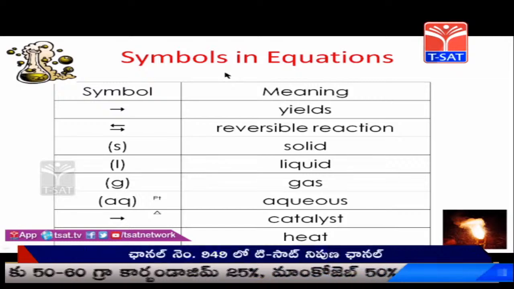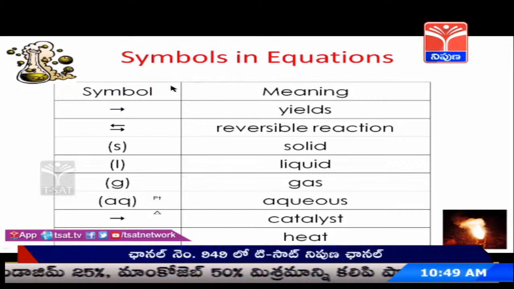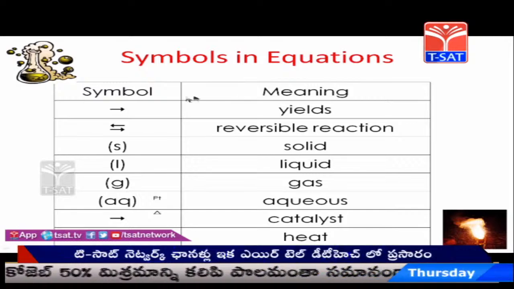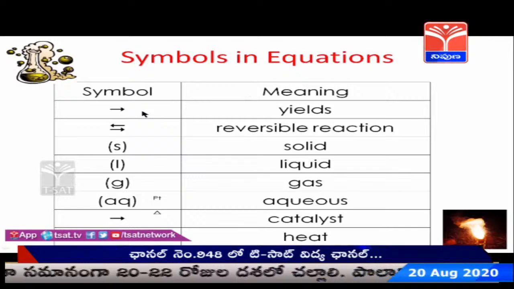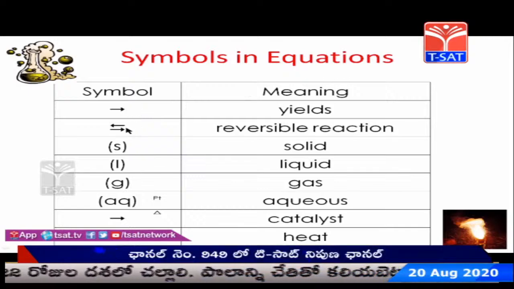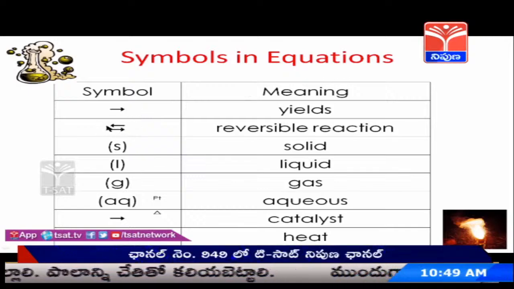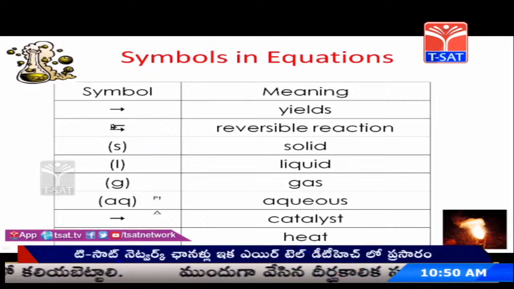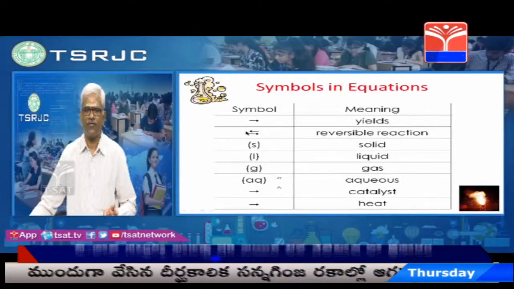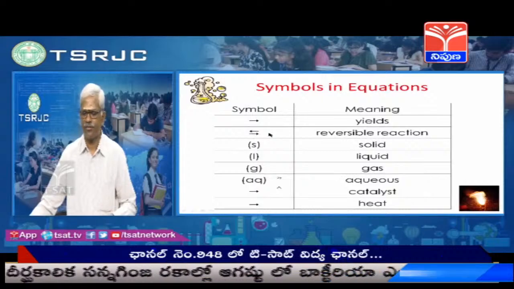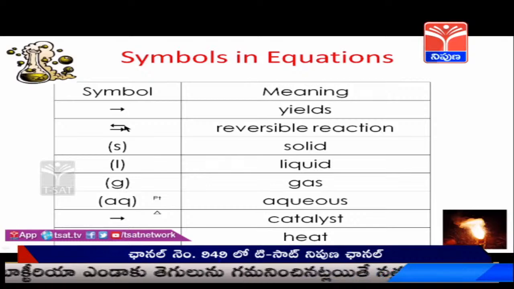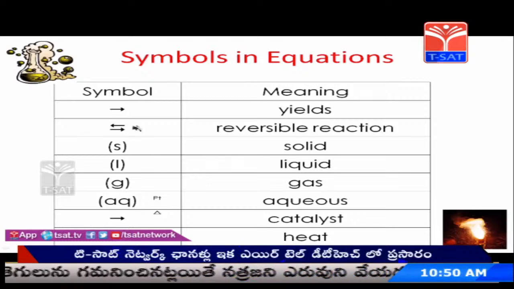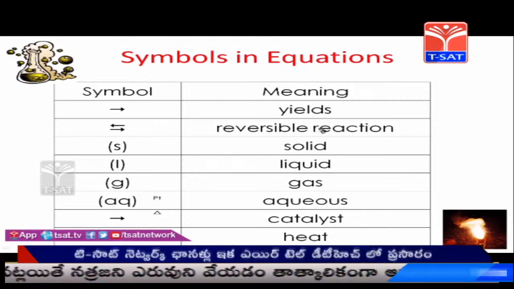While writing a chemical reaction or chemical equation, we use these symbols. In the examination, if they give this symbol that I showed now, the left arrow and right arrow together, they will ask in the question what the symbol represents. It is called a reversible reaction.